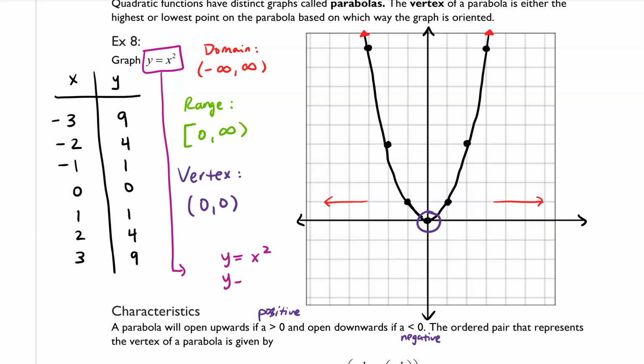Our general form is y equals ax squared plus bx plus c. So notice in this scenario, b and c are both 0, and our a value is equal to 1. Since a equals 1, and 1 is a positive number, that means we're going to have what I like to call a smiley face, because it's opening upwards. If a were a negative number, then our parabola would open downwards, and it would be a frowny face. And we'll see more examples of that later in these videos.